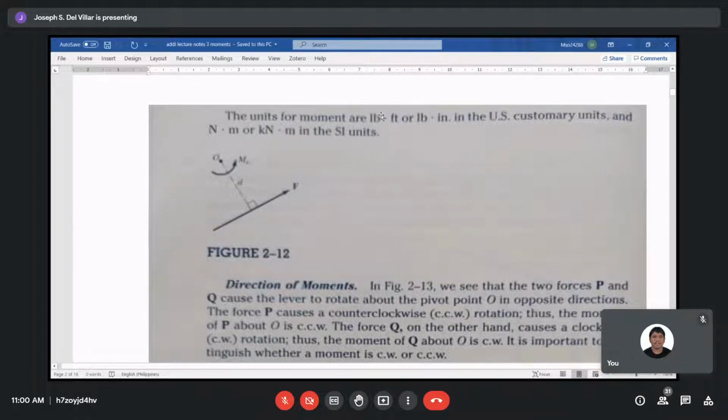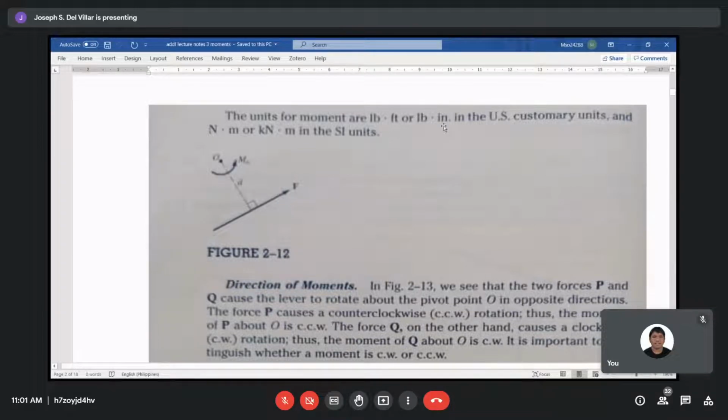So that means to say, pounds here refers to force. So much better if we're going to make use of a subscript F to denote that it is a force. So pound force foot, or sometimes pound inch, in English units.